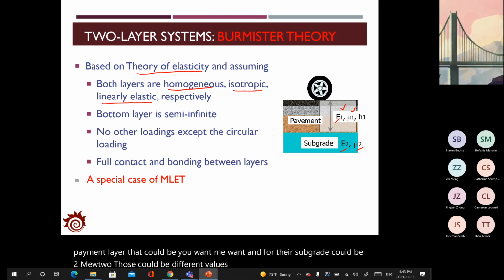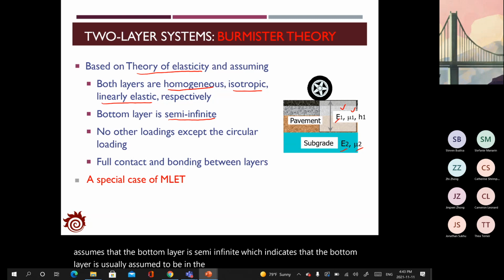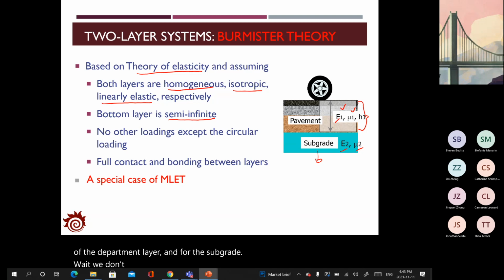Also, this theory assumes that the bottom layer is semi-infinite, which indicates that the bottom layer is usually assumed to be the subgrade. We know the depth of the pavement layer, and for the subgrade, we don't have any assumptions about where the bottom of the subgrade is.